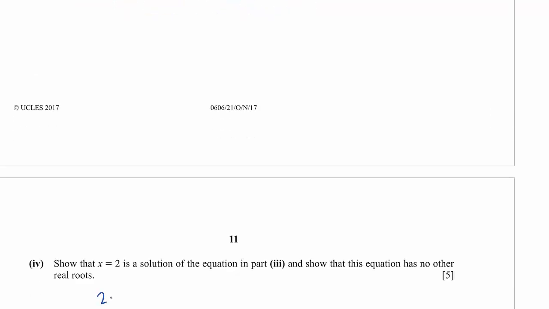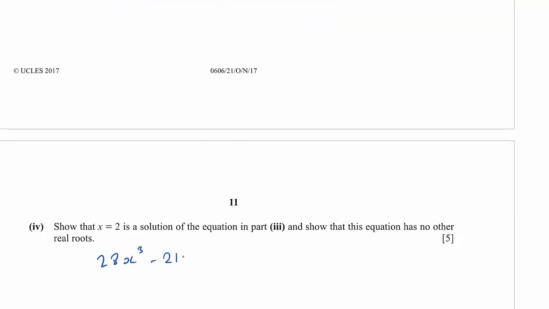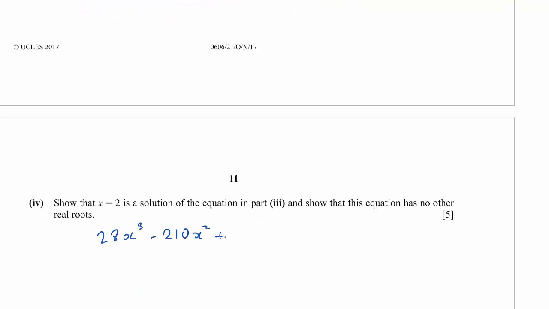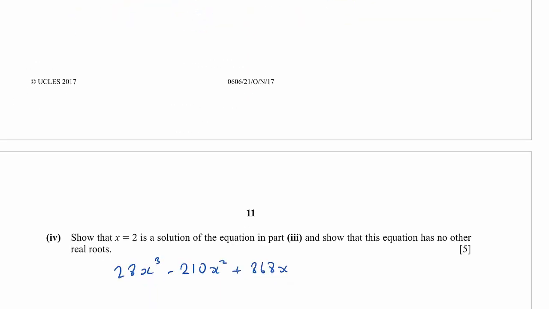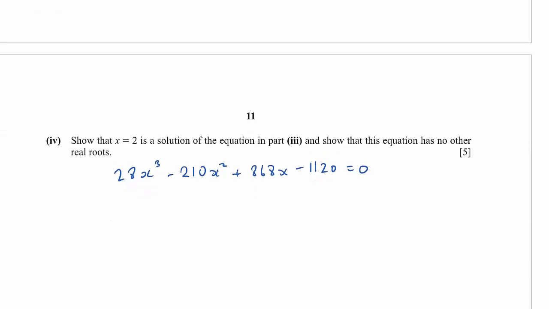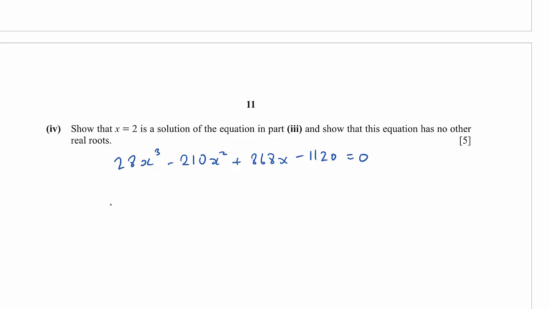So the equation was 28x cubed minus 210x squared plus 868x take 1120 equals 0. Show that x equals 2 is a solution. So 28 times 2 cubed, take 210 times 2 squared plus 868 times 2, take away 1120.